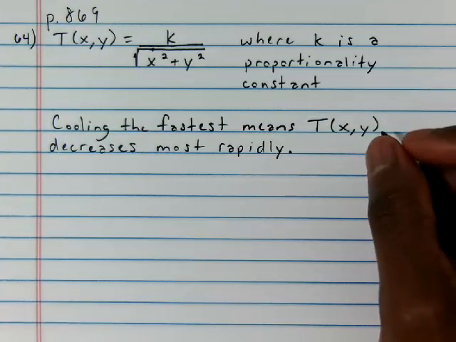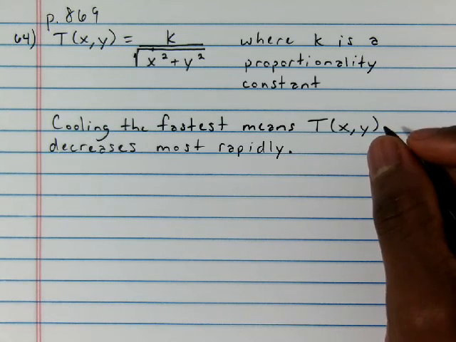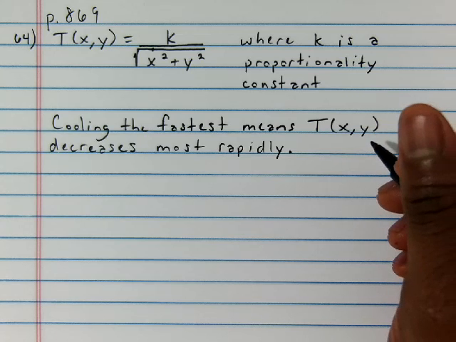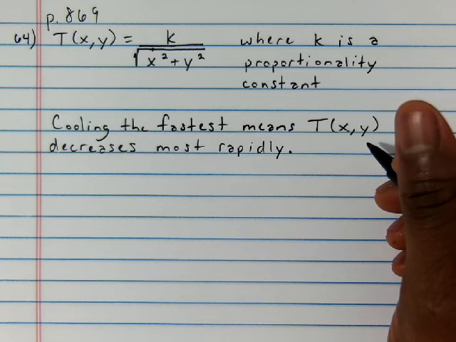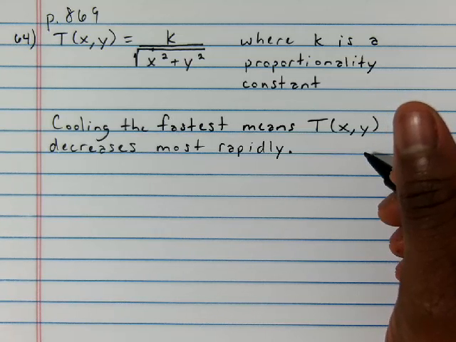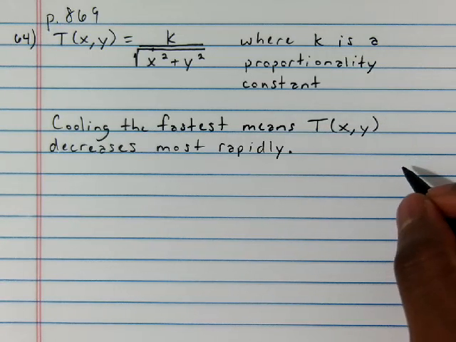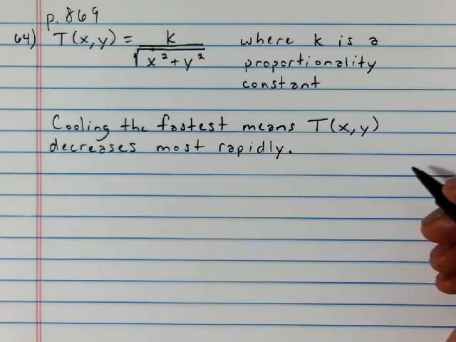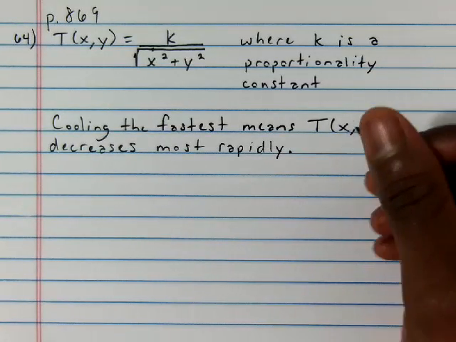Now we know the direction in which T(x, y) increases most rapidly, but we don't want the ant's temperature to increase. We want it to decrease, so we want it to be able to cool down. So it's going to go in the complete opposite direction of the direction it would go if the plate's temperature were to increase most rapidly.